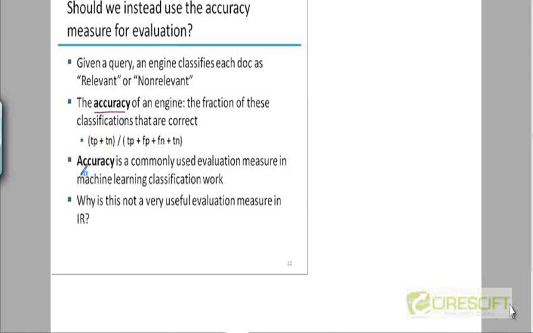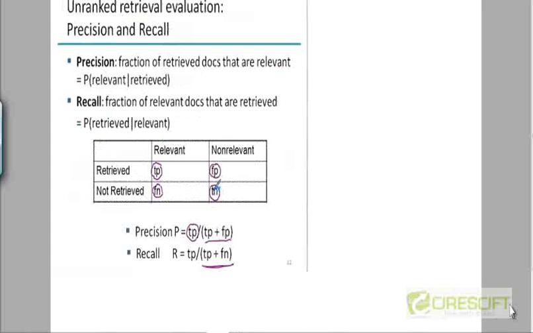Yeah. So for most of the queries in a search engine, only a very, very small fraction of the documents in the collection are actually relevant. Most of the documents are not relevant. As a result, the number of true negatives will generally be much larger than the number of true positives.